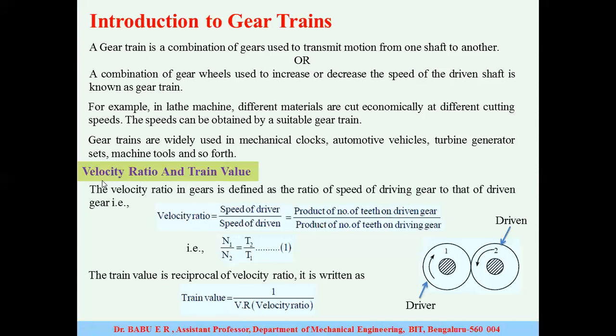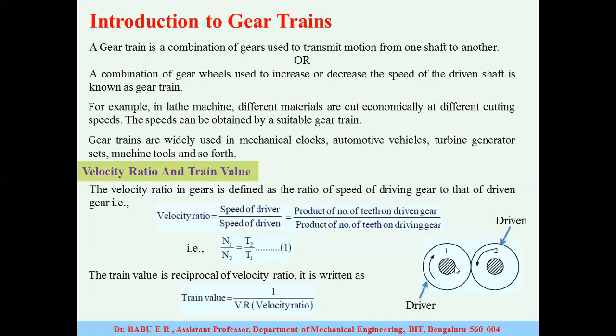One more important term is velocity ratio and train value. Velocity ratio is defined as the ratio of speed of driving gear to that of driven gear. A gear train consists of a driver and a driven member. The gear which drives the other, we call the driver.